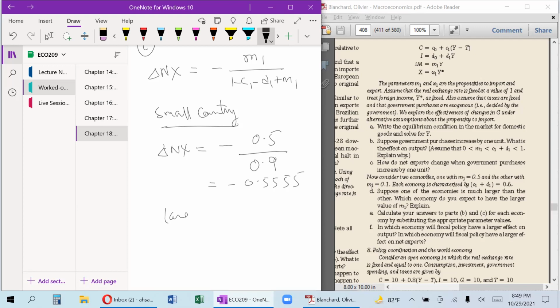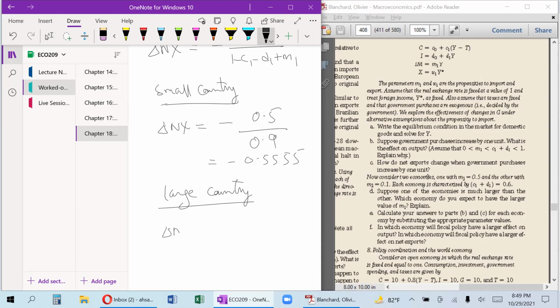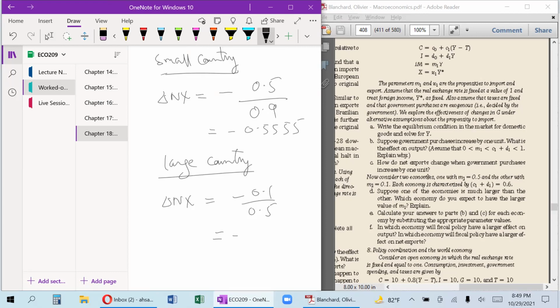And for the large country, the change in NX will be minus 0.1 divided by 0.5, which is minus 0.2.